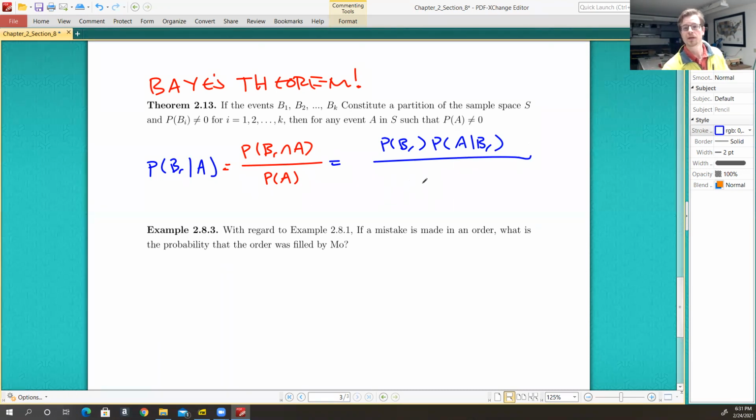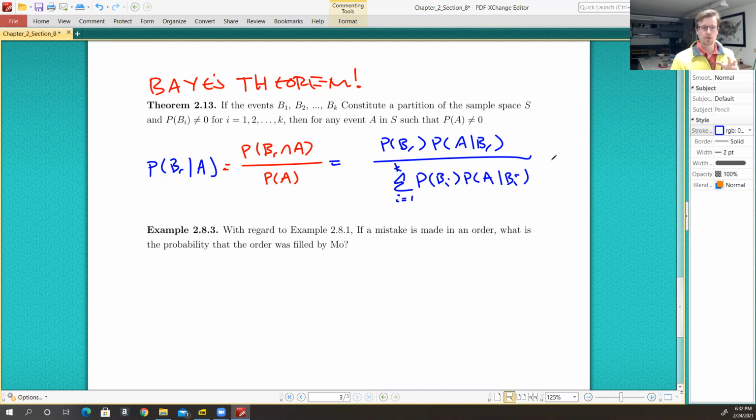Not always, but when it's the case, we have this theorem. And then the probability of A we gave in our last theorem as the sum from i equals 1 to k of the probability of Bi times the probability of A given Bi. Excellent. With that, we can complete the next problem.